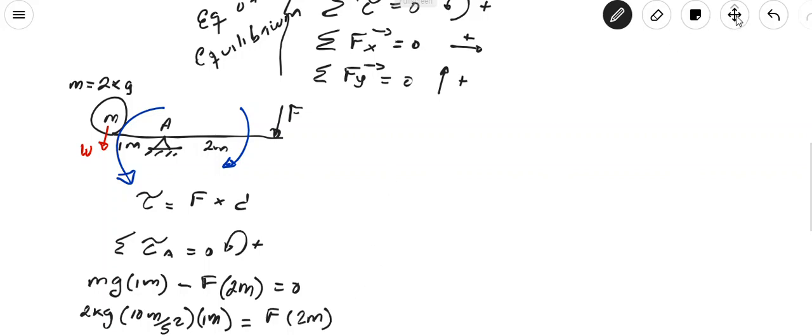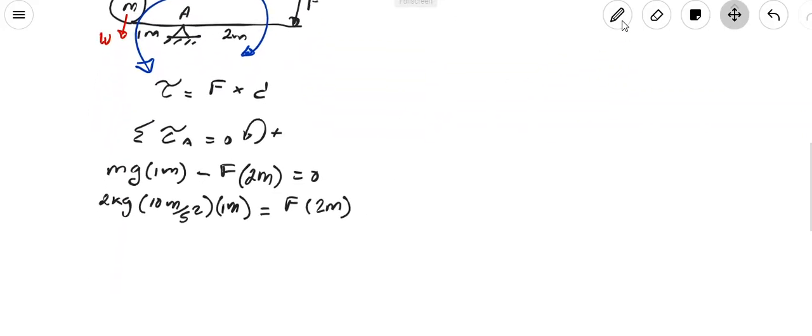So 2 times 10 is 20, times 1 is 20. I have 20 kilograms meters times meters, which is meters squared over second squared, equals F times 2 meters.